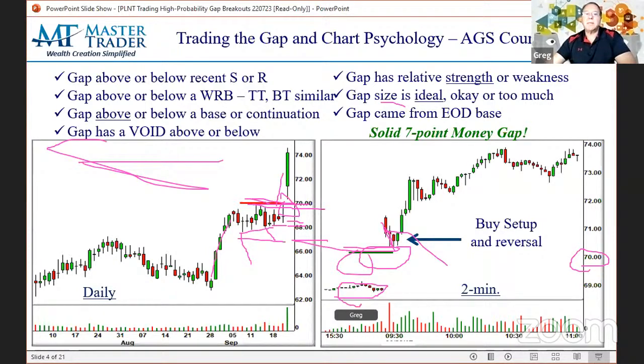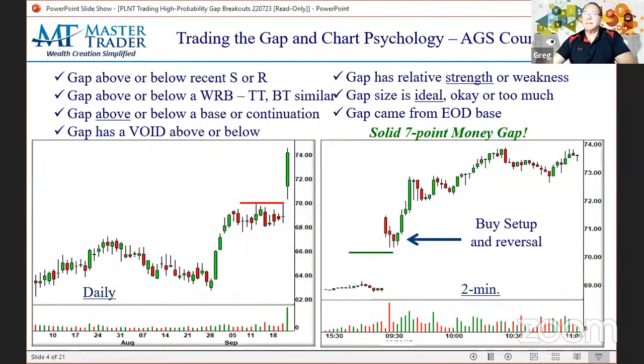So this is getting pretty deep into the gap course, but the idea here is because it was an end of day base, right? It was consolidating at the end of the day. It was a topping tail, so it went down and then it went sideways to clear the topping tail. So more common sense comes into this.